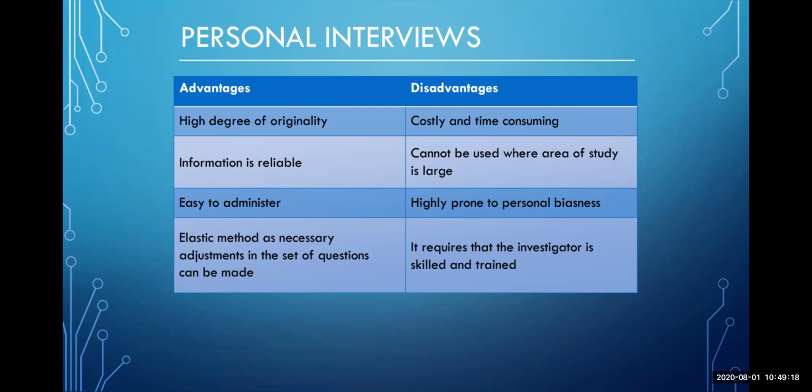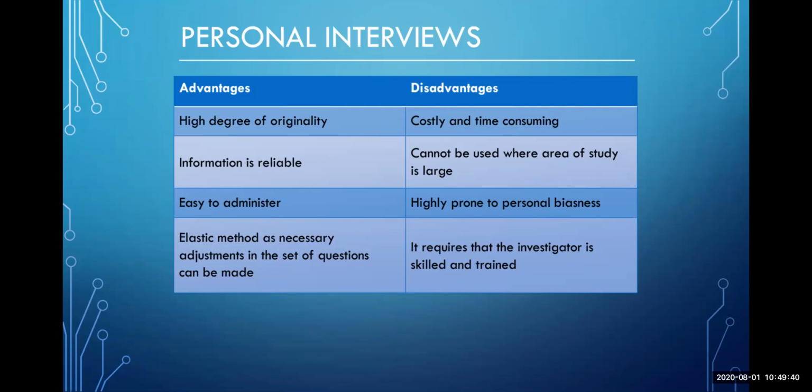The disadvantage is that it is very costly, because you have to hire people and send them directly to interview the person. So it is costly and time consuming, and it cannot be used where the area of study is very large, because it's not possible to cover the whole population. It is also highly prone to personal bias.